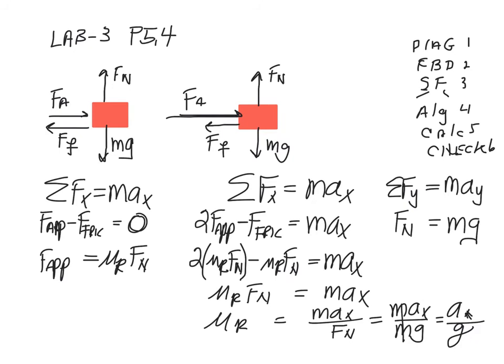And Fn is equal to mg. So we have max over mg, which leaves us with the very simple solution, ax over g. That's what mu k is, ax over g. And it makes sense because these both have units of acceleration, and so mu k should have no units; this would just be a number.